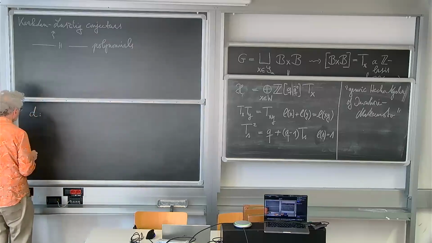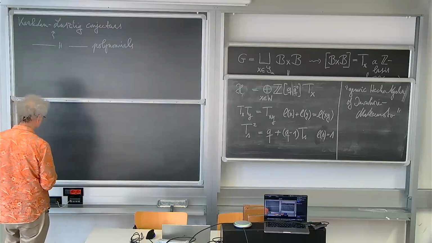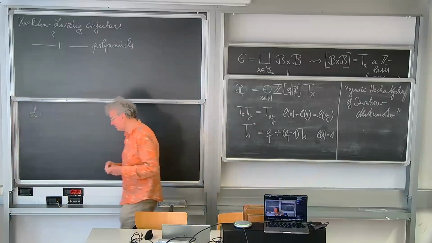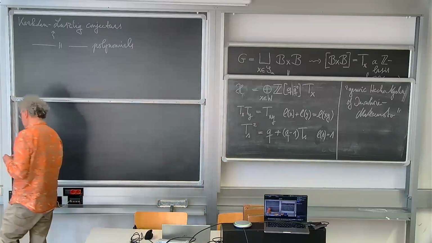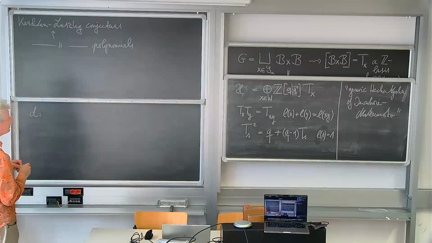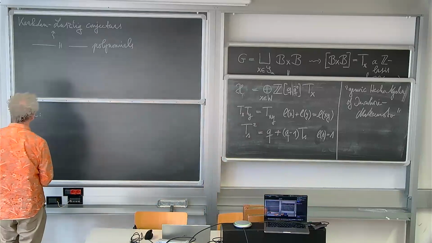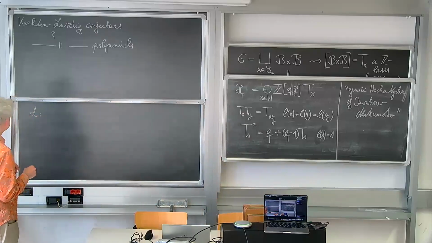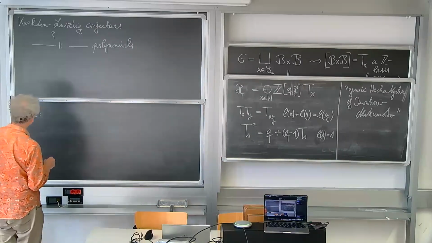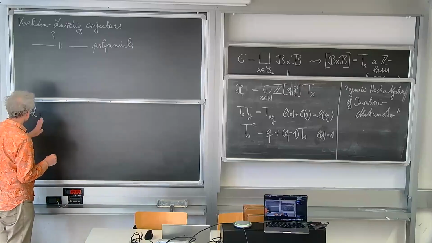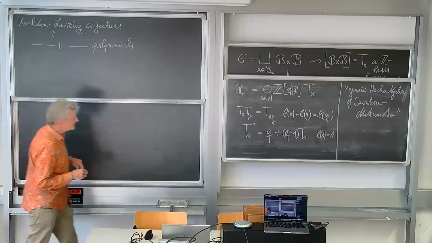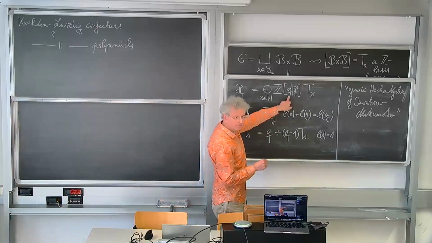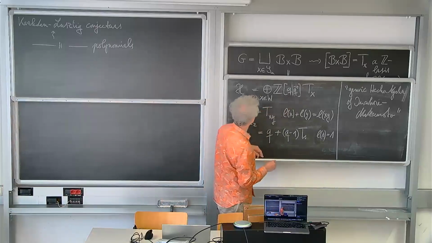If I recall everything correctly, for this business of the Kazhdan-Lusztig polynomials, it's much better to add a square root of q for reasons which will appear later.